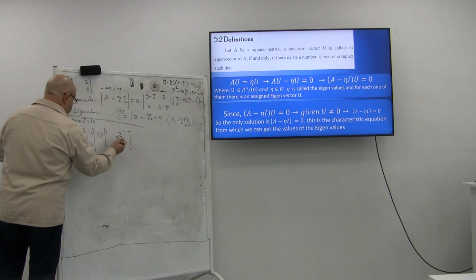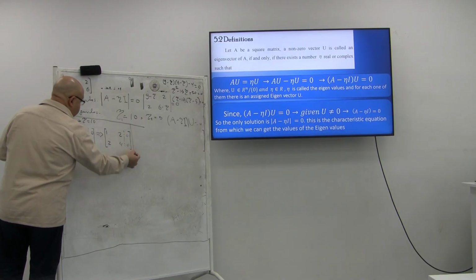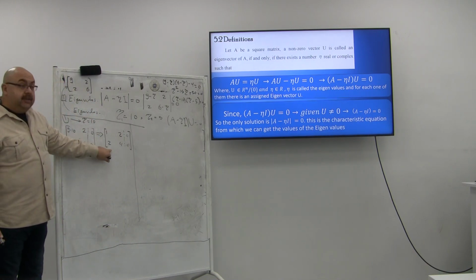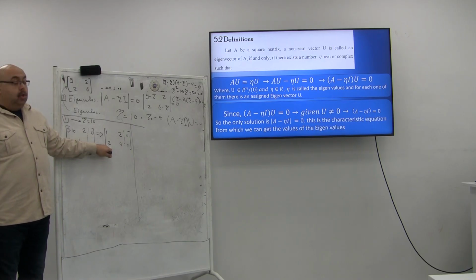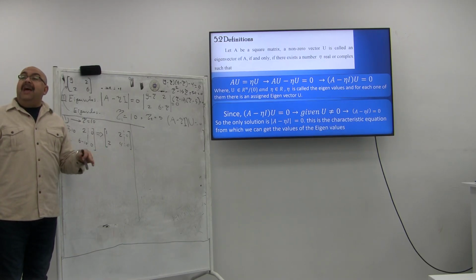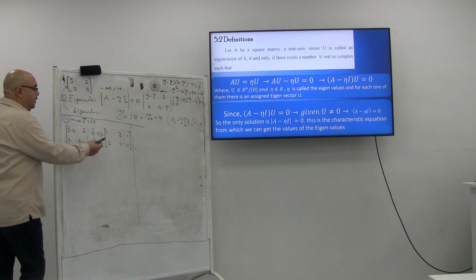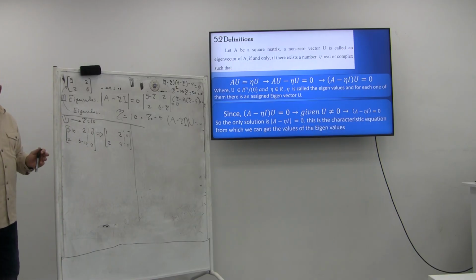Then I will have 2, then 2 and 4, and it's equal to zeros, as you can see. If you look closely at this matrix, you will have either 2 identical rows or 2 rows with a ratio connecting them together. So all I have to do is to multiply the first row by -2 and add it to the second row to get my reduced echelon form.